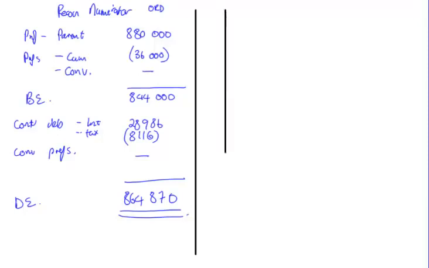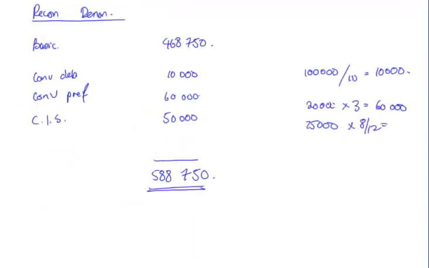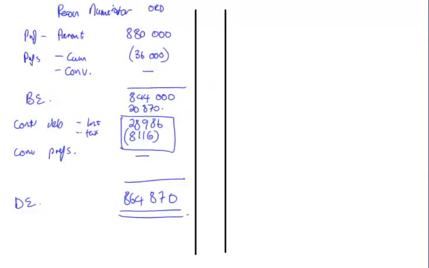So the first thing I'm going to do is have a look at what I did with my earnings per share. So with my adjustments, my diluted earnings per share, that adjustment there was 28,986 minus 8,116, which is 20,870. And if I divide that by the number of debentures, divided by 10,000, I get a 2.087 adjustment.